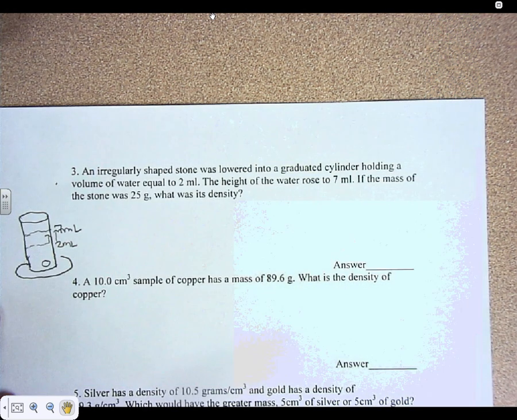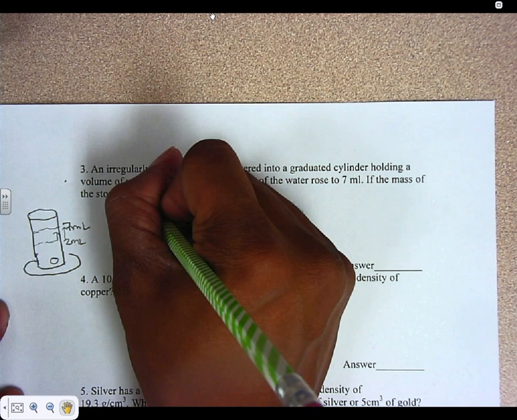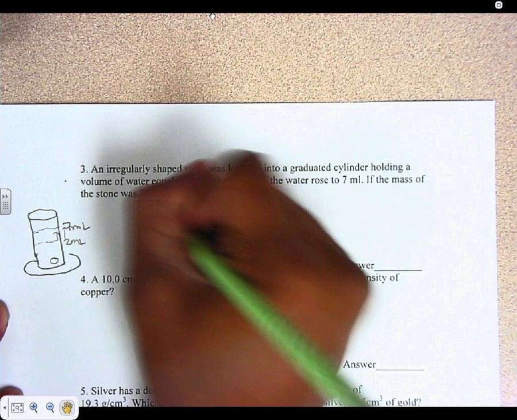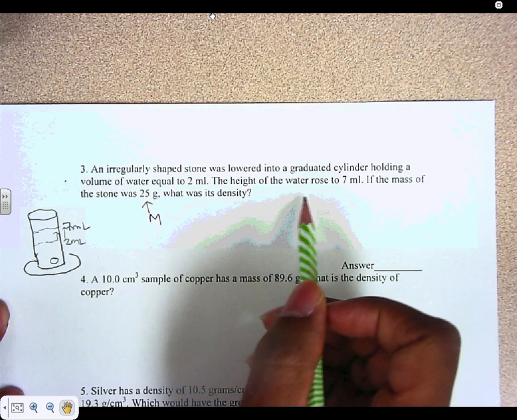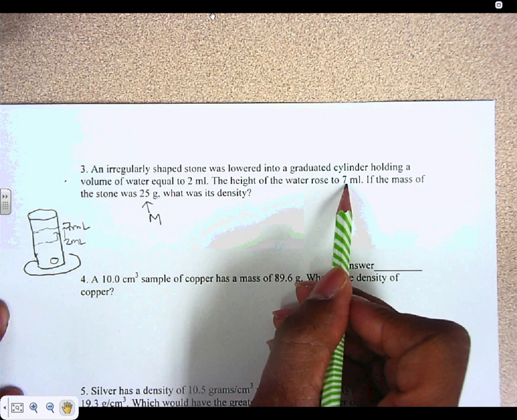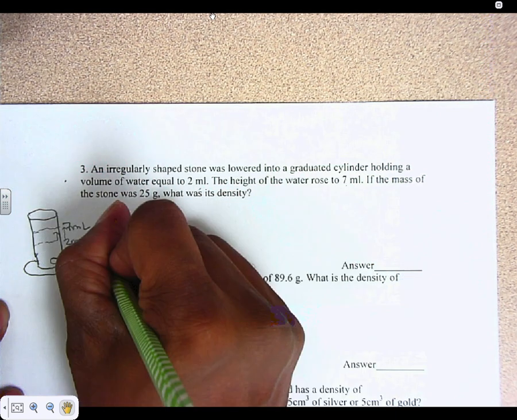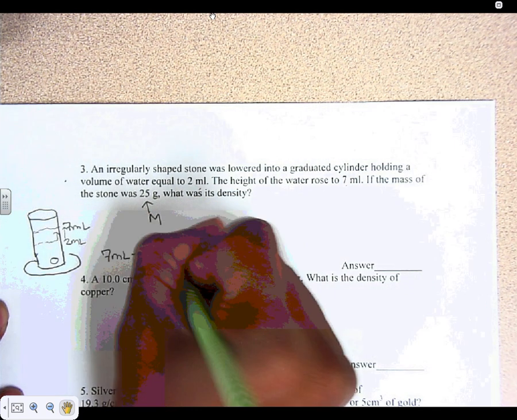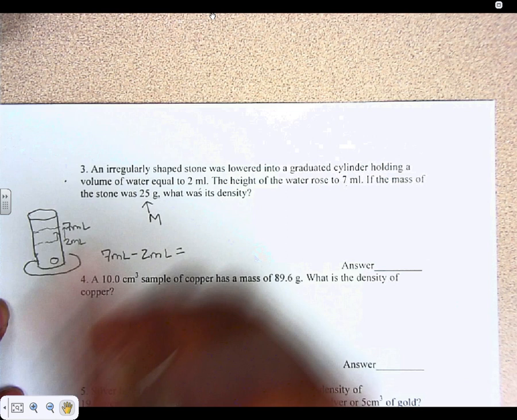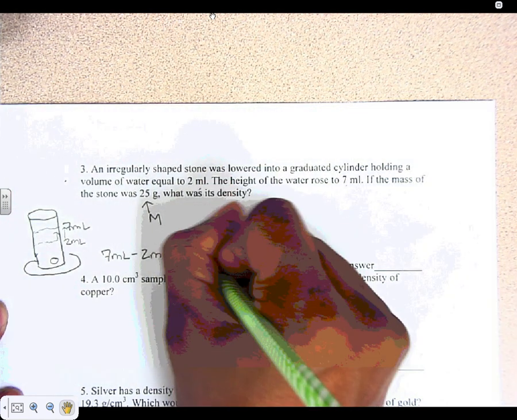So for solving this, I know my mass is 25 grams. I can't tell you what my volume is unless I subtract the volume initially from the volume at the end. So 7 milliliters minus 2 milliliters tells me the volume of space that the irregularly shaped stone covers, which is 5 milliliters.